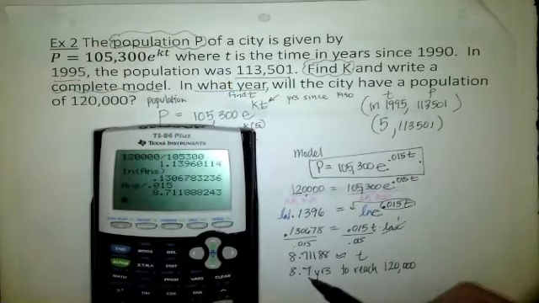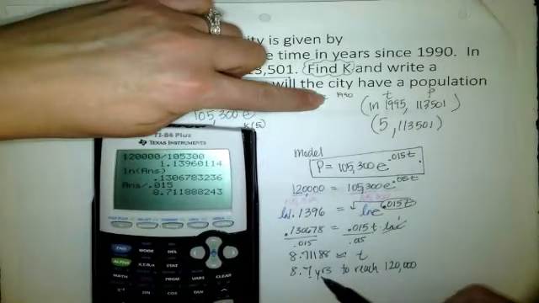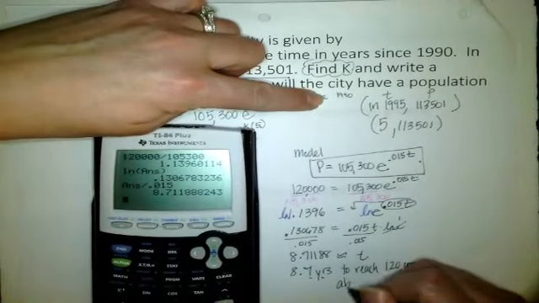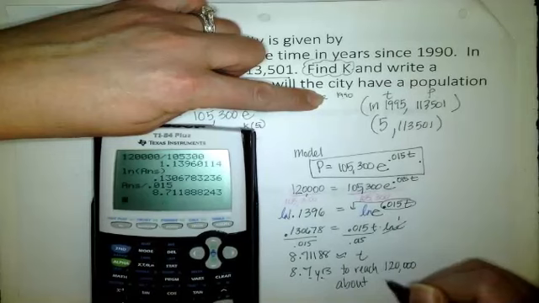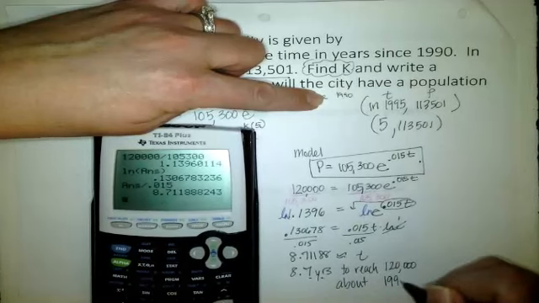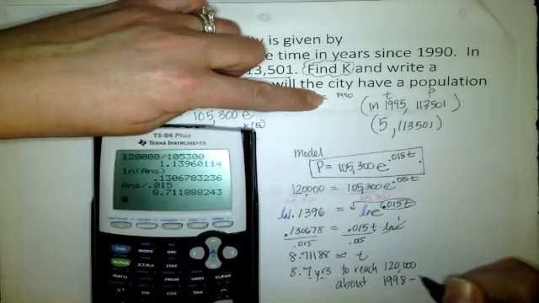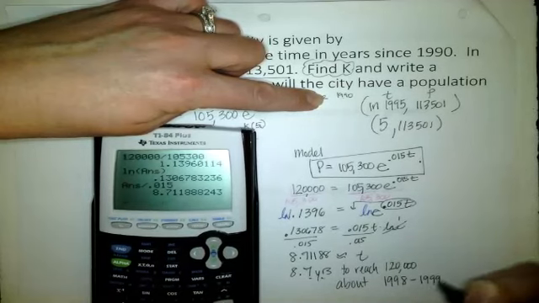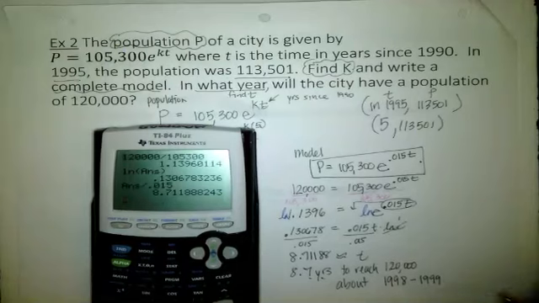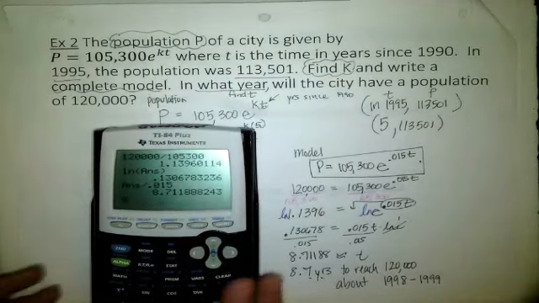Well, that's 8.7 years since 1990. So about 1998, closer to 1999 is when that population is going to reach 120,000.